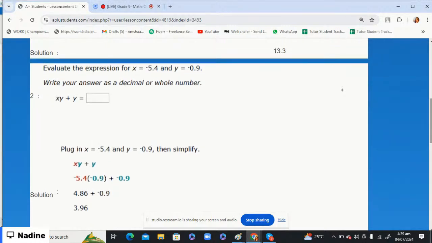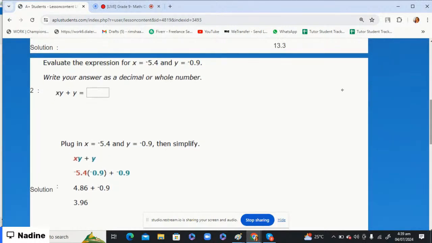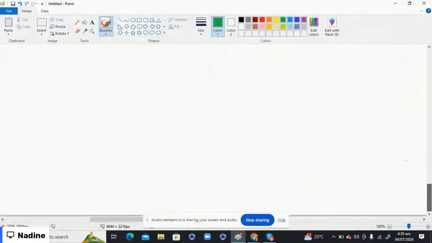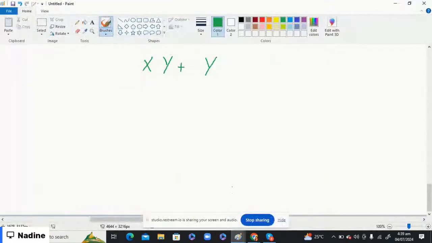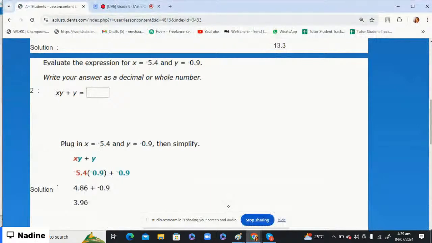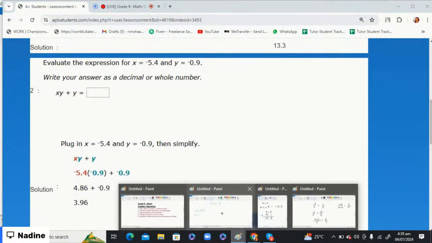So look at here. xy plus y. The values given are: value of x is minus 5.4, and value of y is minus 0.9.